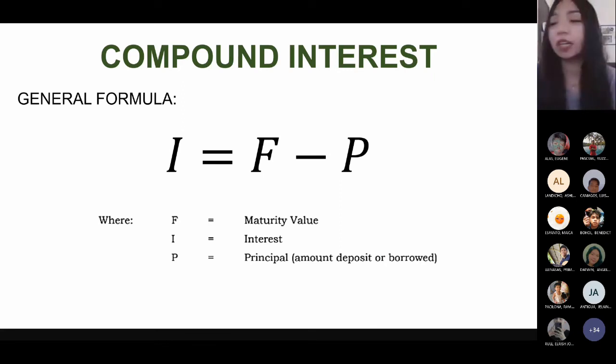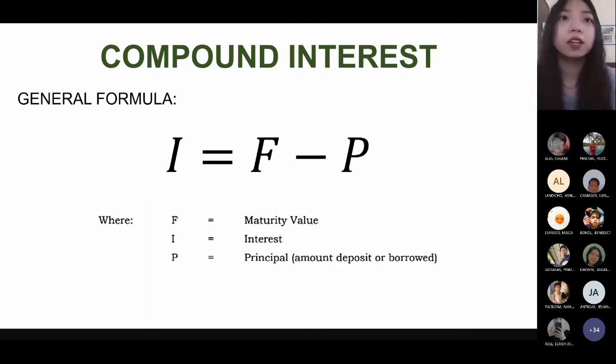So we have its general formula. I that is equal to F minus P. Kung maaalala nyo sa simple interest natin, yung formula natin for maturity value is halos katulad lang nitong general formula ng compound interest natin. Ang kaibahan lang, si F yung nasa kaliwa, and then si I yung naka-plus kay P. And ganun pa rin naman yung mga components, yung F natin, that is the maturity value of our compound interest.